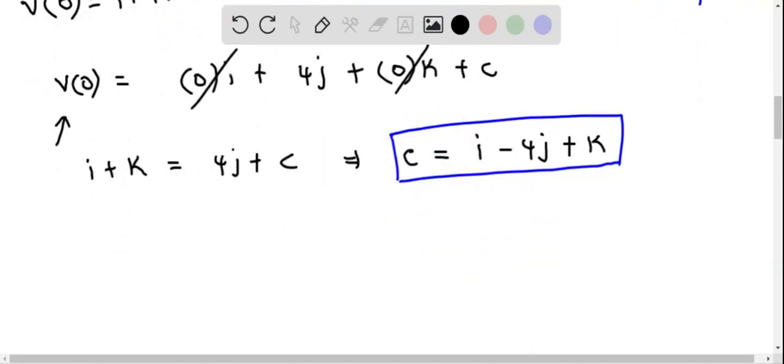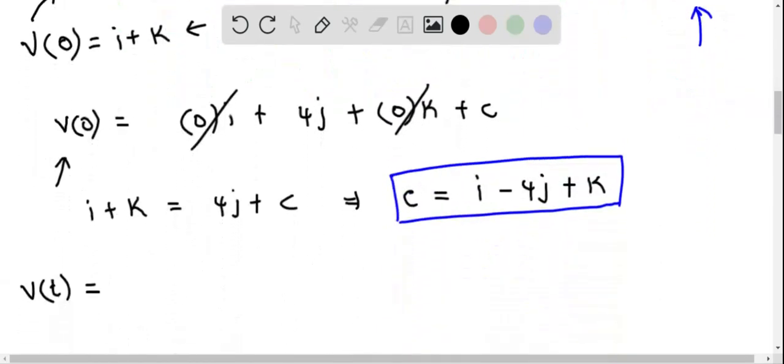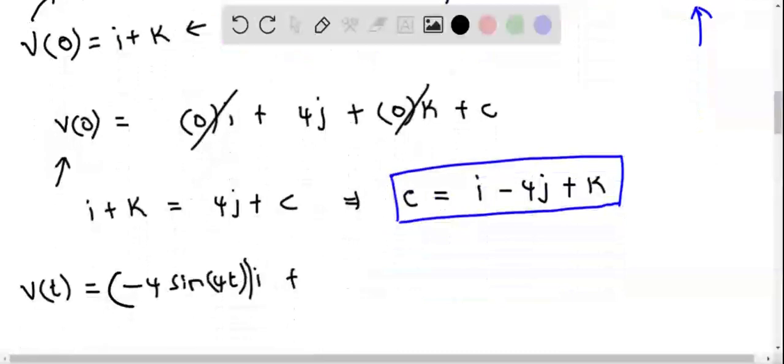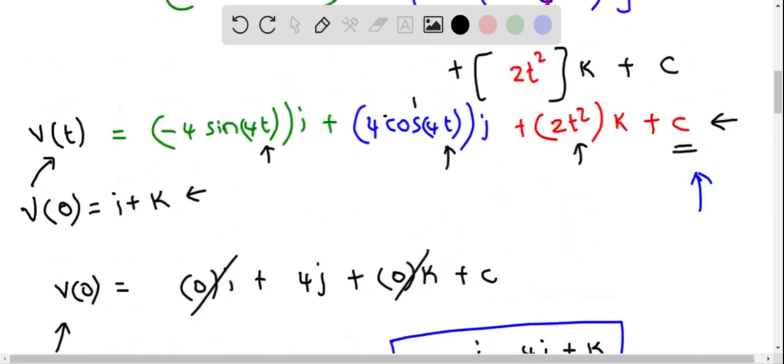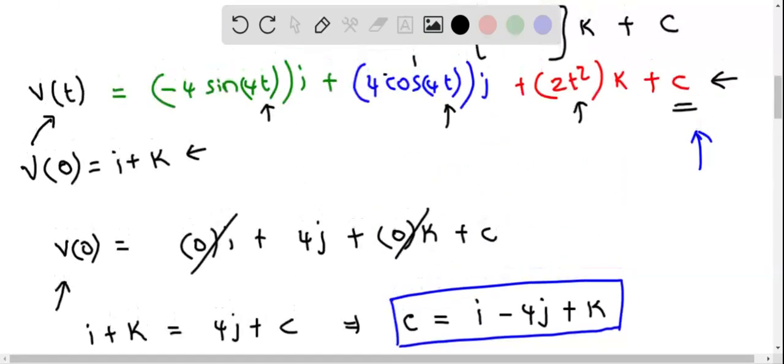So we write the velocity vector v of t. This equals, the i component is negative 4 sine 4t i, plus 4 cos 4t j, plus the k component is 2t squared k, plus we have this integration constant c.